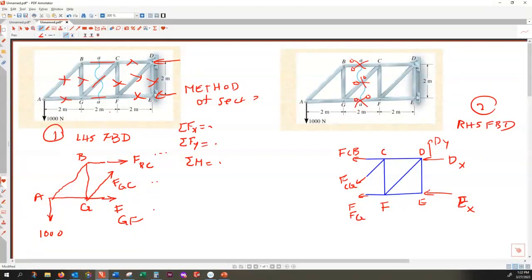So why should you go through extra mileage to find out those unwanted forces? So you only want to take a shortcut and find these forces in one single step. And believe me, if you solve the left-hand side free body diagram in one single step, you are capable of finding these three forces. Okay, who is with me?